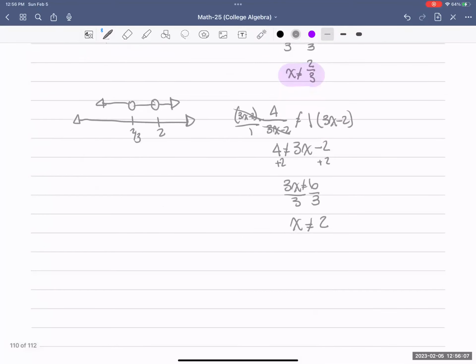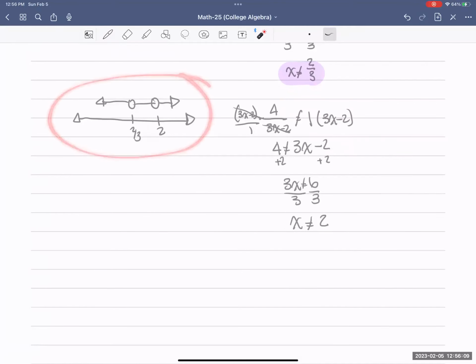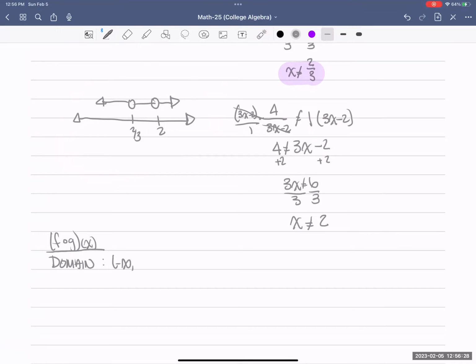Now looking at this number line here, this is the domain for f of g of x. So the domain for f of g of x is this right here. From negative infinity all the way up to 2/3, parentheses for open circle, because we don't want it to end up there.